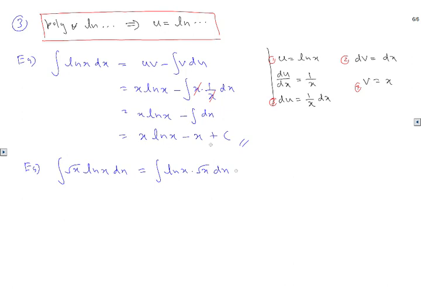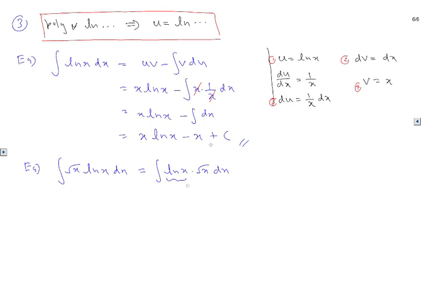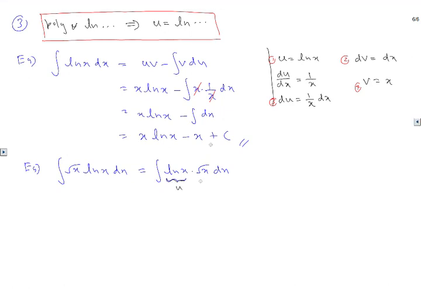That is the u function, and that is the dv function. So u equals ln x, dv equals x to the 1/2 dx, so du equals 1 over x dx. v, integrating, is very easy: it's 2/3 x to the 3/2.